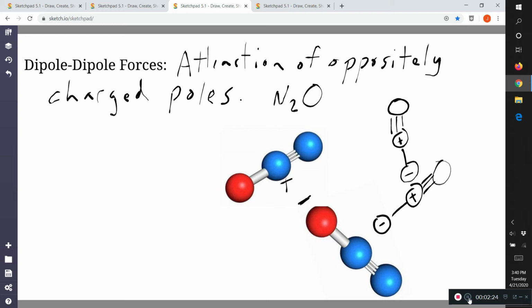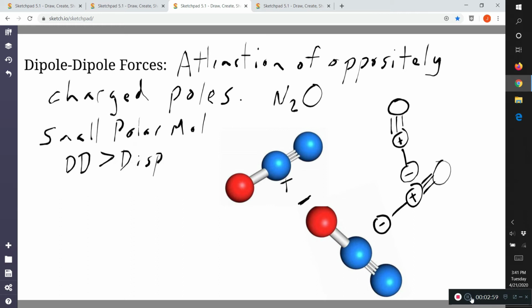Now, generally, when we talk about forces, we want to know which ones are stronger. Are dipole-dipole forces stronger, or are dispersion forces, which we just learned about, stronger? Well, generally for small polar molecules, dipole-dipole can be greater than dispersion.